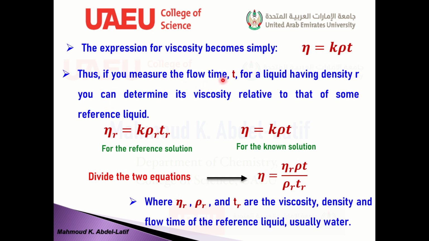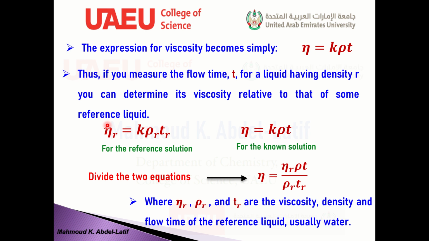So if you can measure the time t for a liquid having density rho, you can determine the viscosity, or relative viscosity, of some solution. I told you that it's not easy to determine the absolute viscosity, but you can determine the relative one with respect to a reference solution. And the reference solvent here is going to be water.